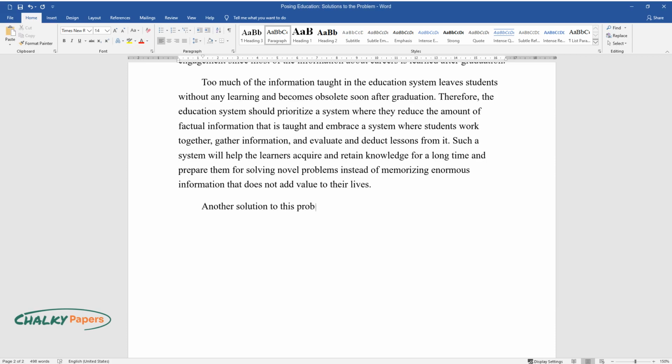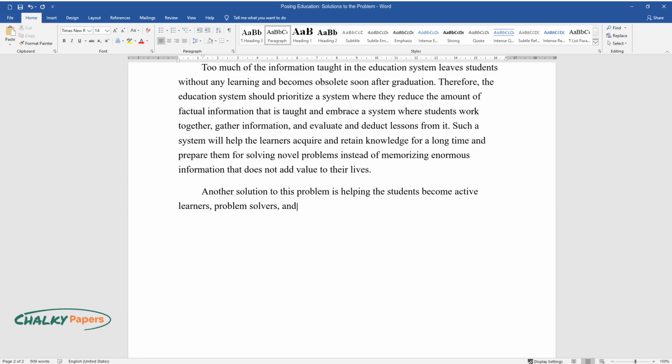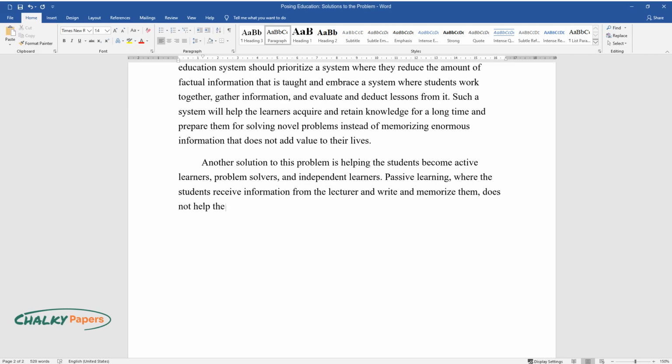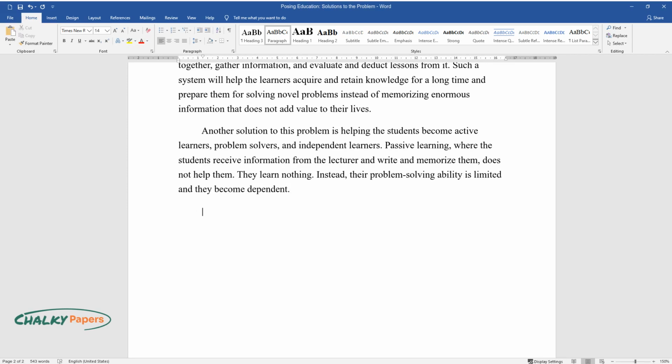Another solution to this problem is helping the students become active learners, problem solvers, and independent learners. Passive learning, where the students receive information from the lecturer and write and memorize them, does not help them. They learn nothing. Instead, their problem-solving ability is limited and they become dependent.